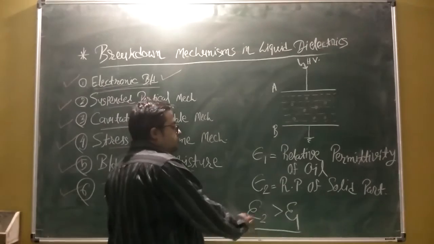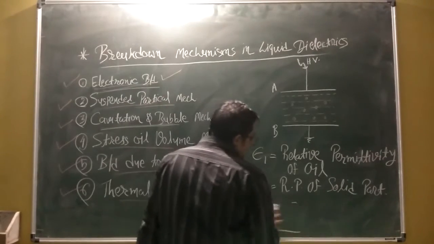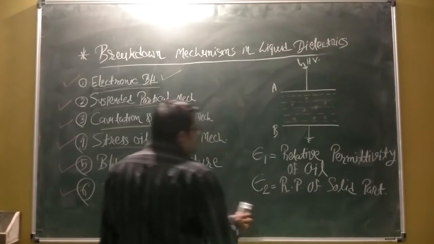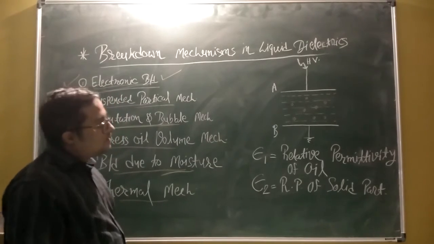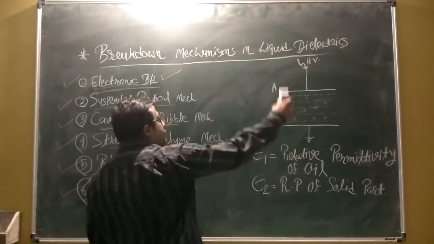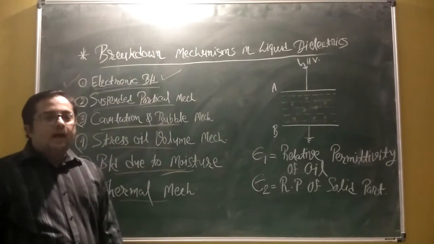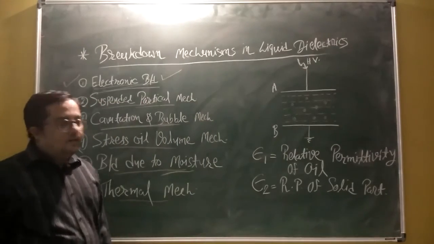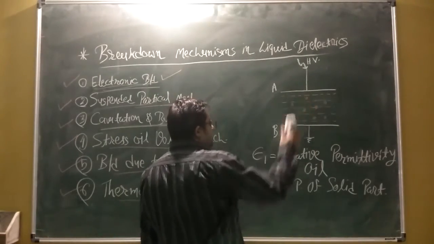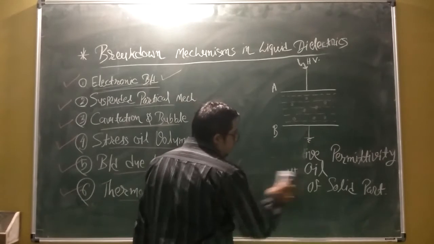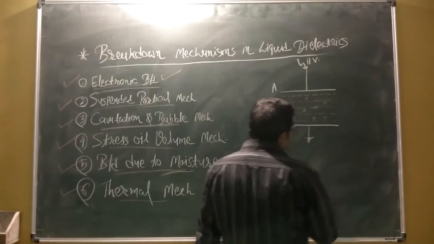So there is a mismatch of relative permittivity. The permittivity of the solid suspended particle is of course higher than the permittivity of the liquid dielectrics. So what exactly happens when the high voltage stress is applied? When the high voltage stress is applied, the force is exerted first at the location of the suspended particle, because they are dead material.